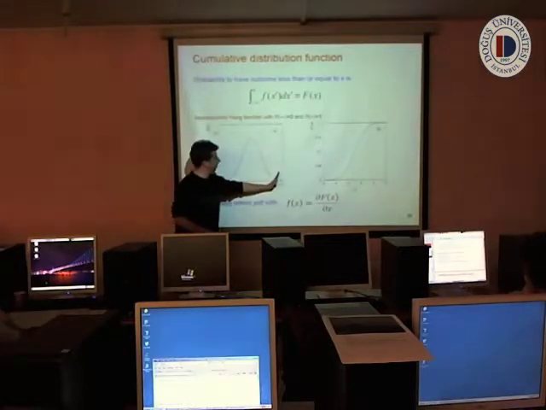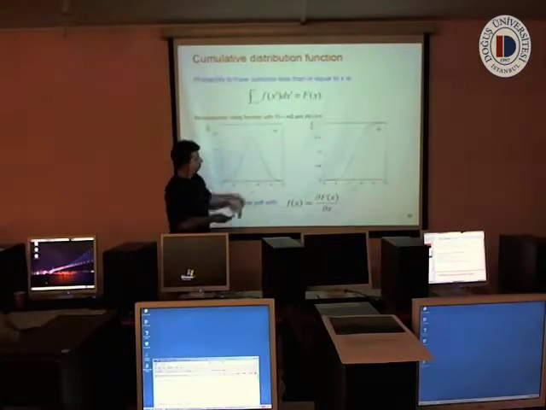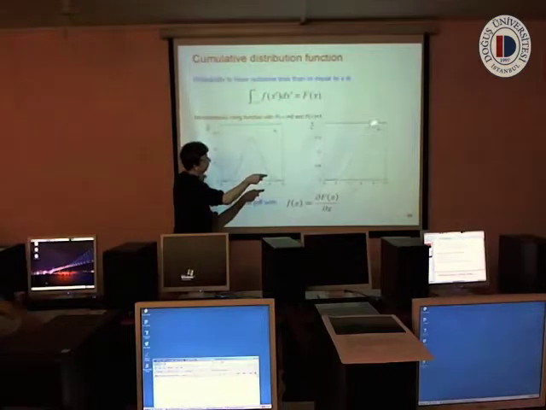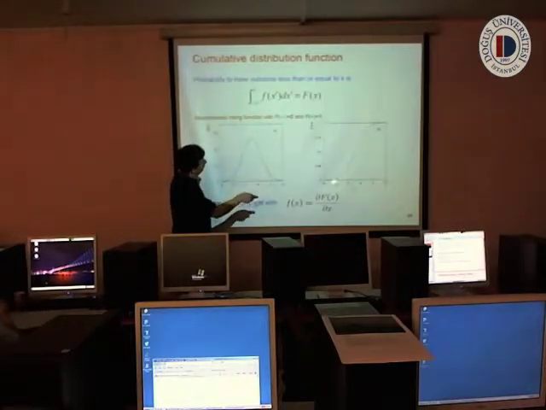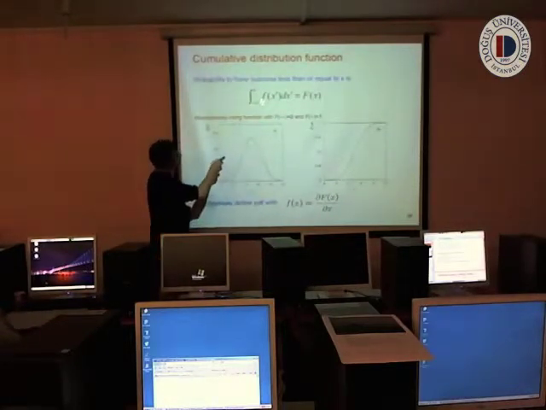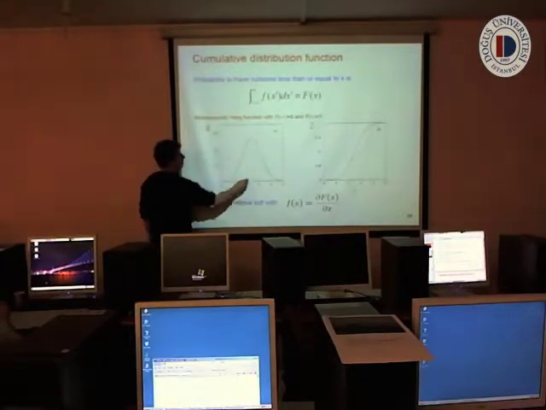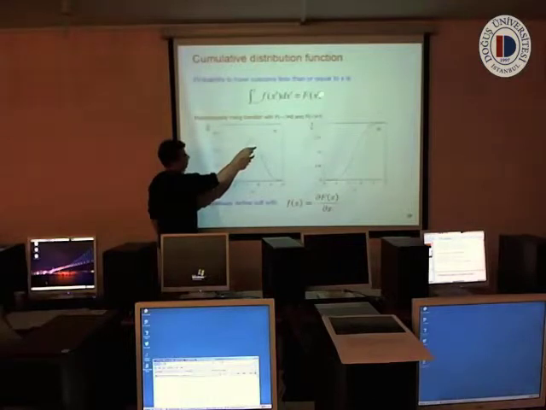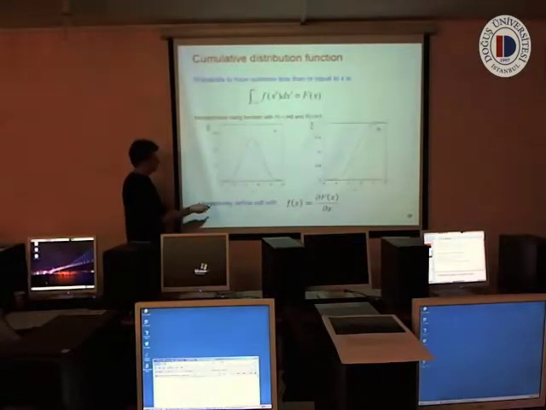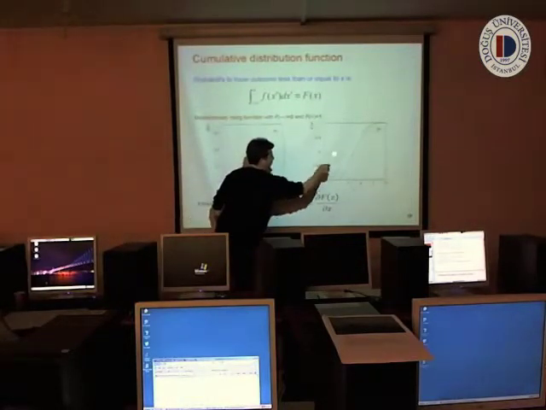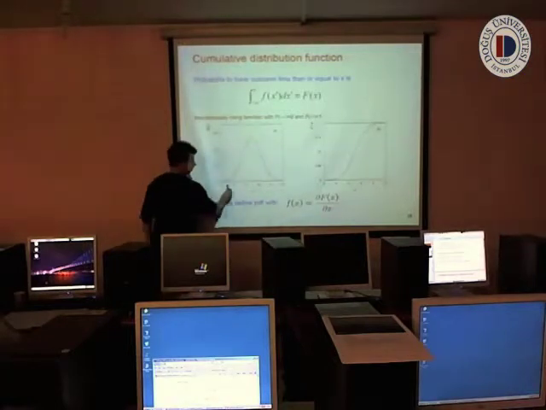If you integrate all the way to the end, you get 1. This is called the cumulative distribution function. It's defined by the integral from minus infinity to a certain point. It's called the cumulative function at that point. So this value here, 0.5, is the integral from here to here.